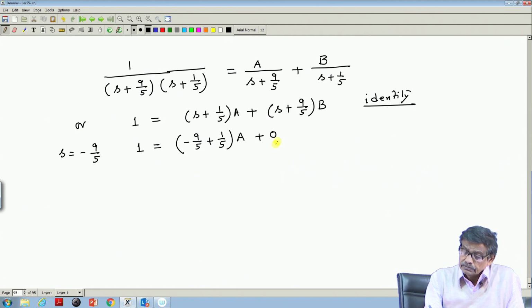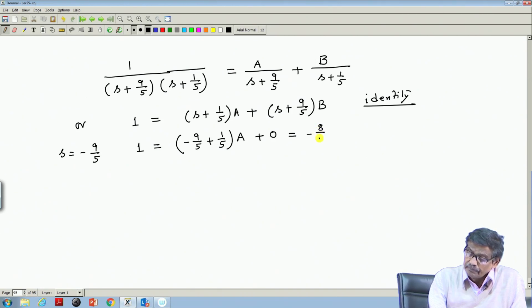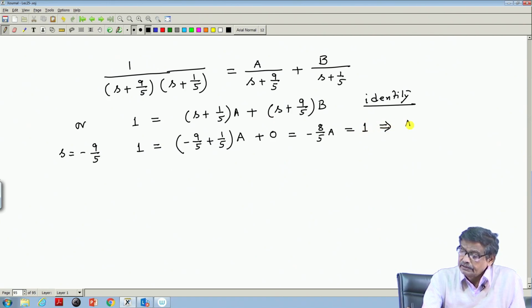So, this becomes equal to minus 8 by 5 into A, and that is equal to 1, which means that A is equal to minus 5 by 8. We leave it, this is important.